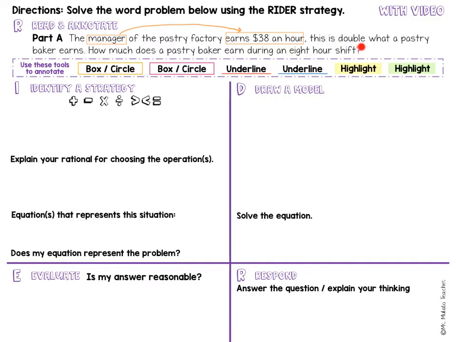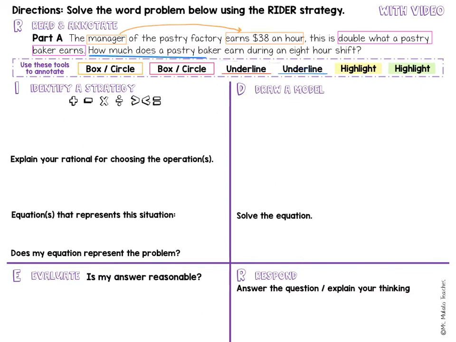Let's continue reading. This is double what a pastry baker earns. Is there anything that we need to know in that part of the sentence? Yeah, the word double is really important. So I'm going to drag and put a circle around double what the pastry, and then I'm going to drag another one over to baker earns. As always, we need to underline our question.